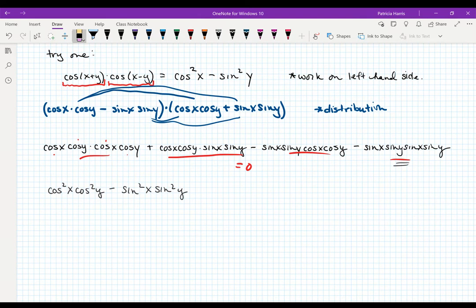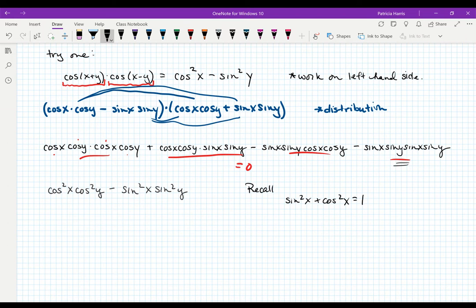Okay. So now, what do I want to get rid of? What do I want to keep? I want to keep the cosine squared x, and I kind of want to get rid of the cosine squared y. So, if I recall, this identity right here, oops, should be x. Okay, I can rewrite that.